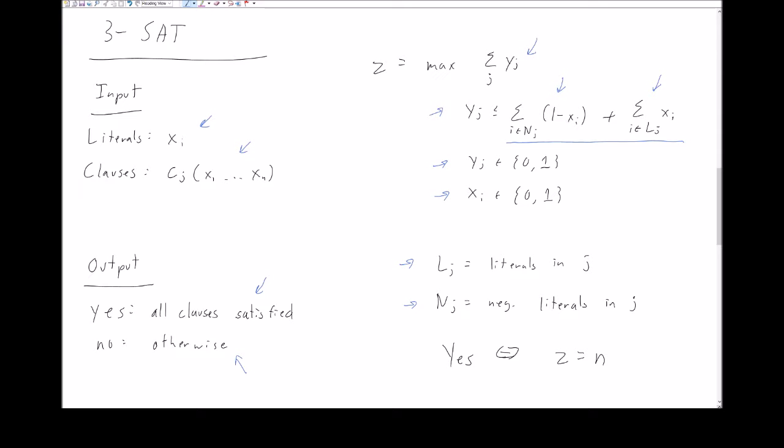We set the value of our 3-SAT problem equal to yes if the value of this integer program is equal to n. We're going to see the 3-SAT problem quite frequently when we talk about hard problems because it sort of forms a quintessential hard problem that we'd like to study.